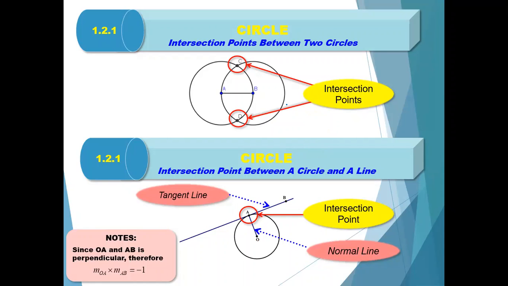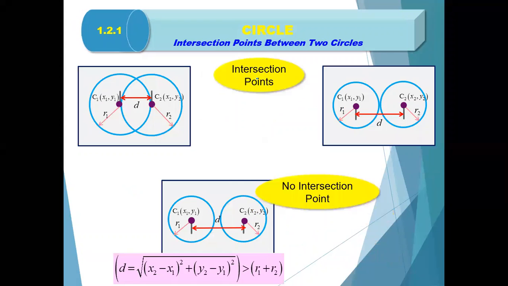So let's see the intersection points between two circles. Intersection, maksudnya adalah titik persilangan, between two circles. So there are two circles.